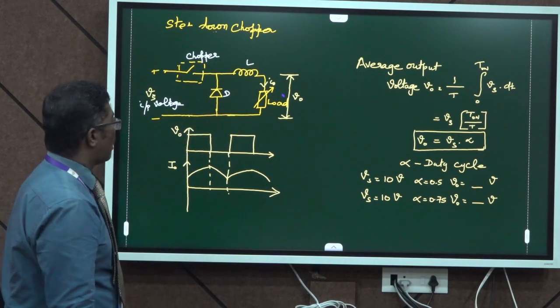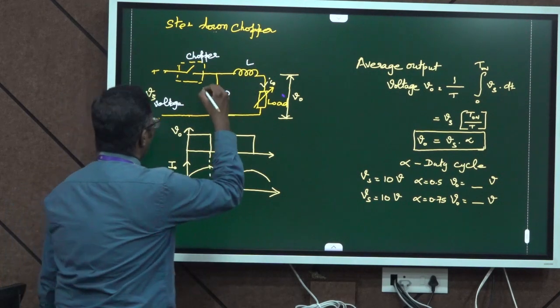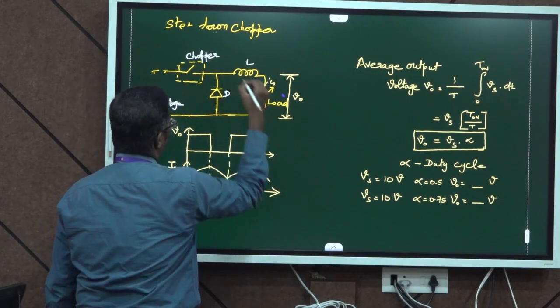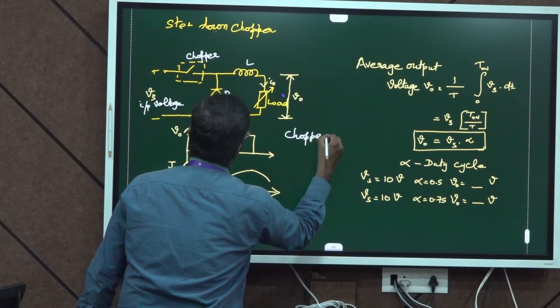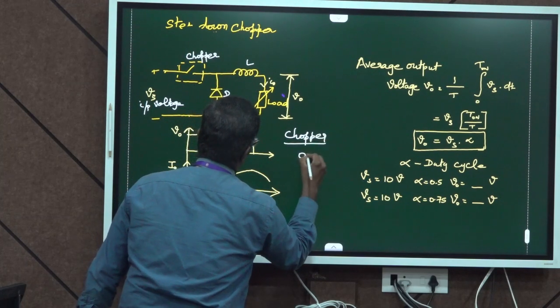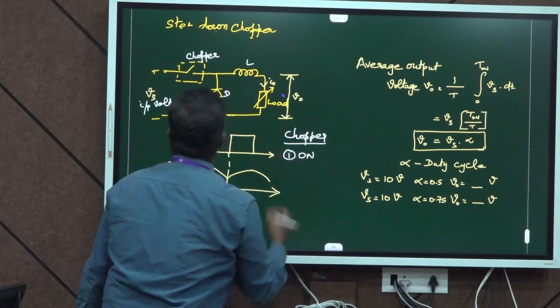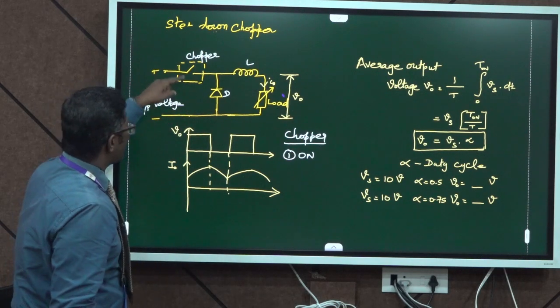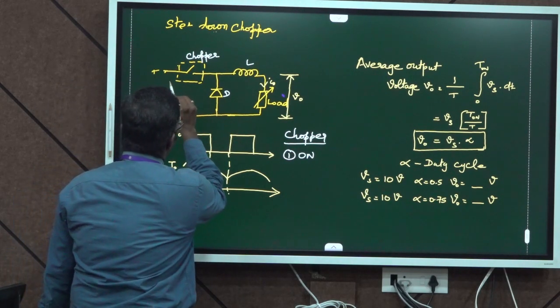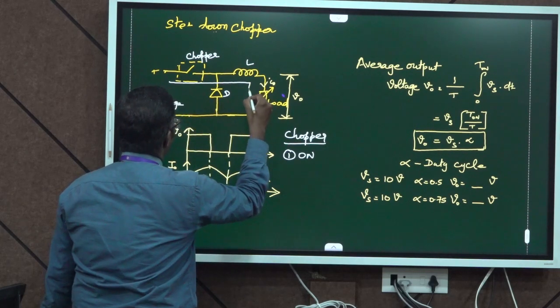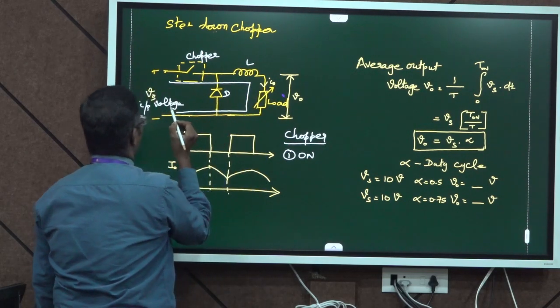In general, whenever the chopper is in the on state, this is the first state, the switch is closed and the current will flow from the positive terminal to the switch, then through the inductor, which will store the energy, then to the load and then to the negative terminal.